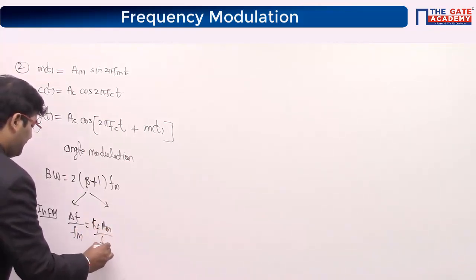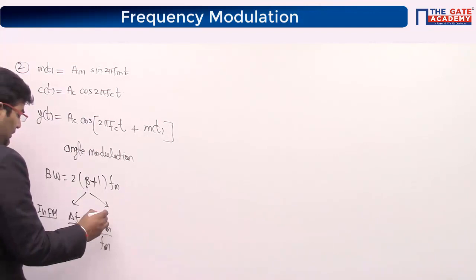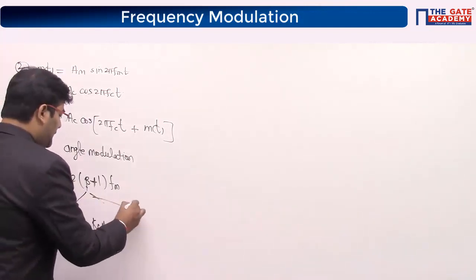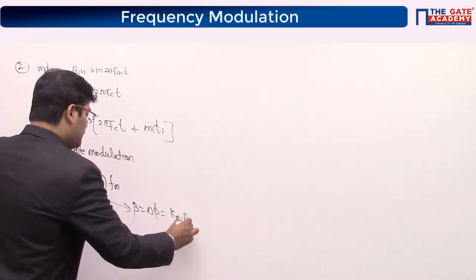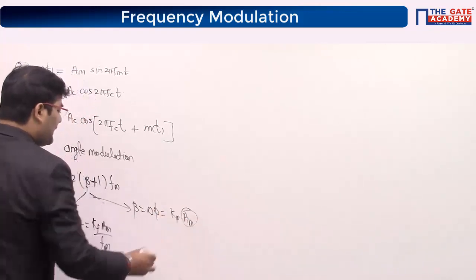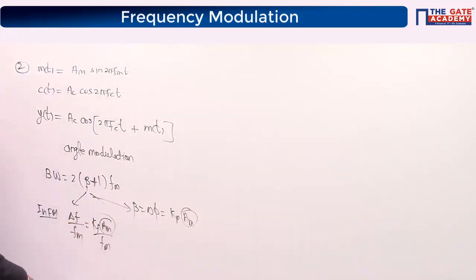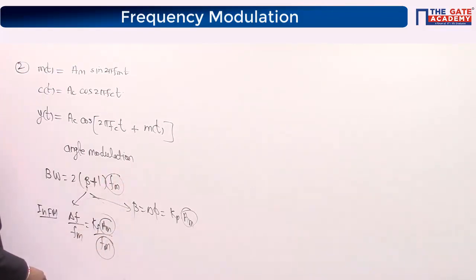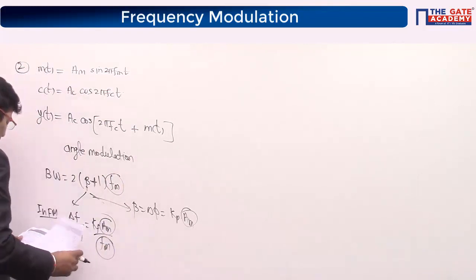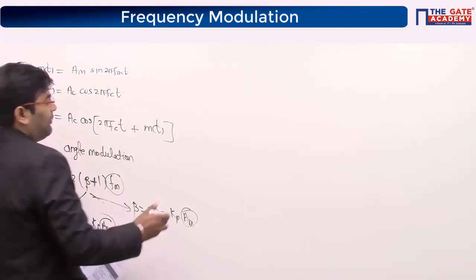But in PM, beta is equal to delta phi, equal to Kp into AM. So AM is here as well, and it is also dependent on FM. So the answer is, it depends on both AM and FM.